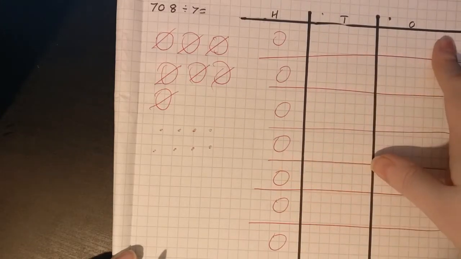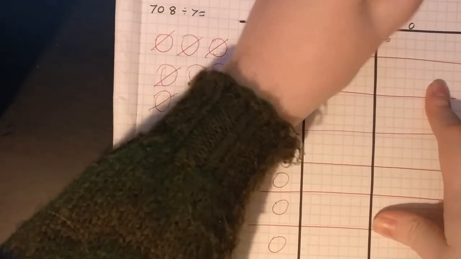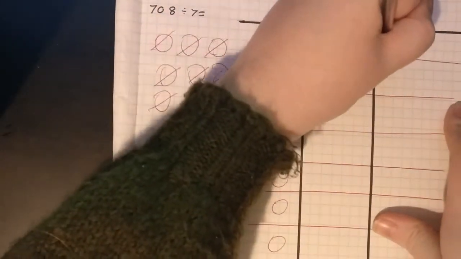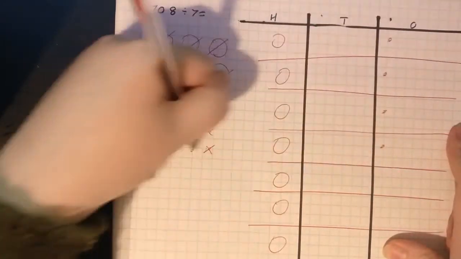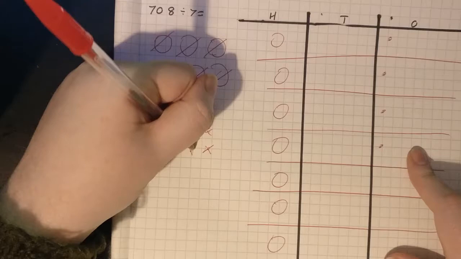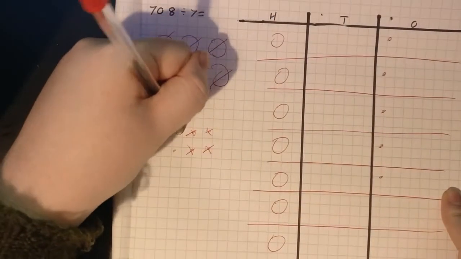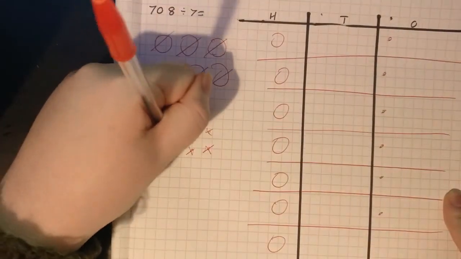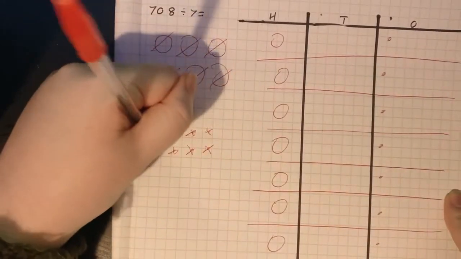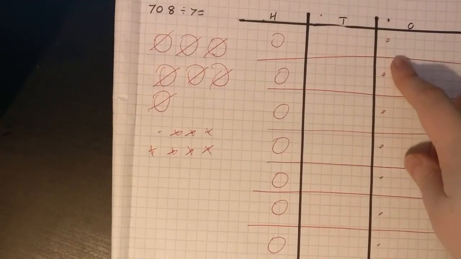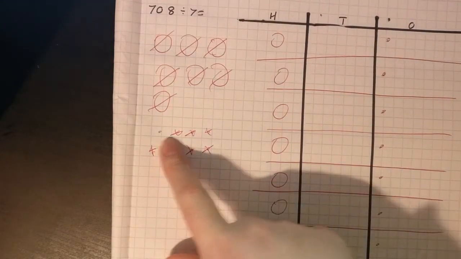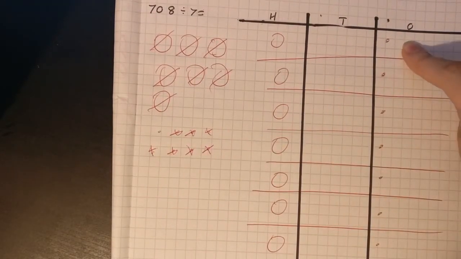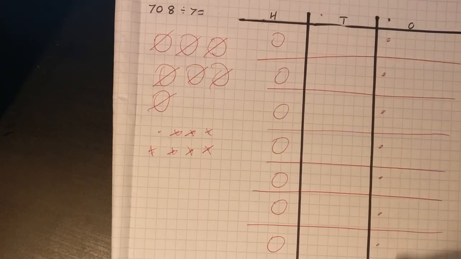So let's have a look at the ones. I've shared out 7 of my ones, but there's 1 left over. If I put it here, then it wouldn't be equal. There'd be 2 ones in this row and 1 one in these rows here.